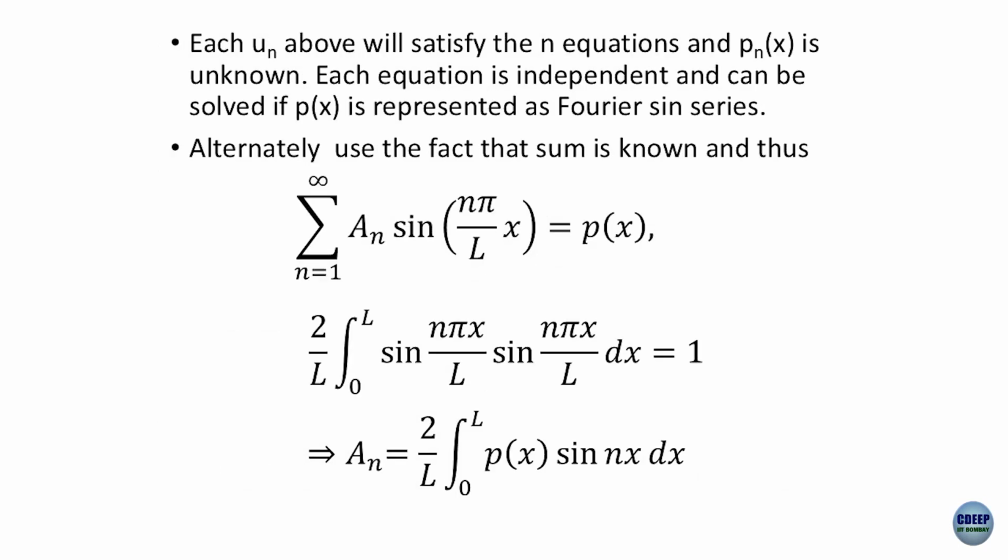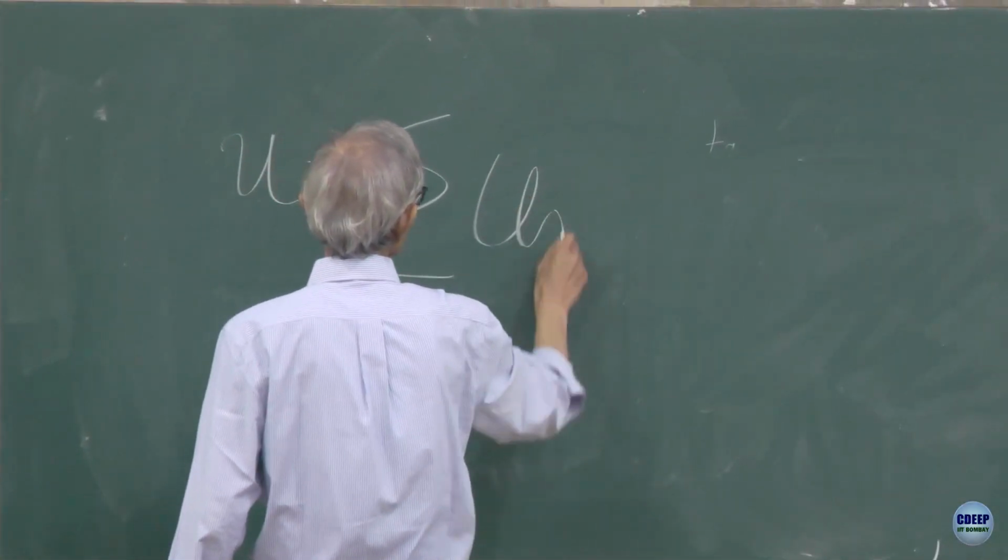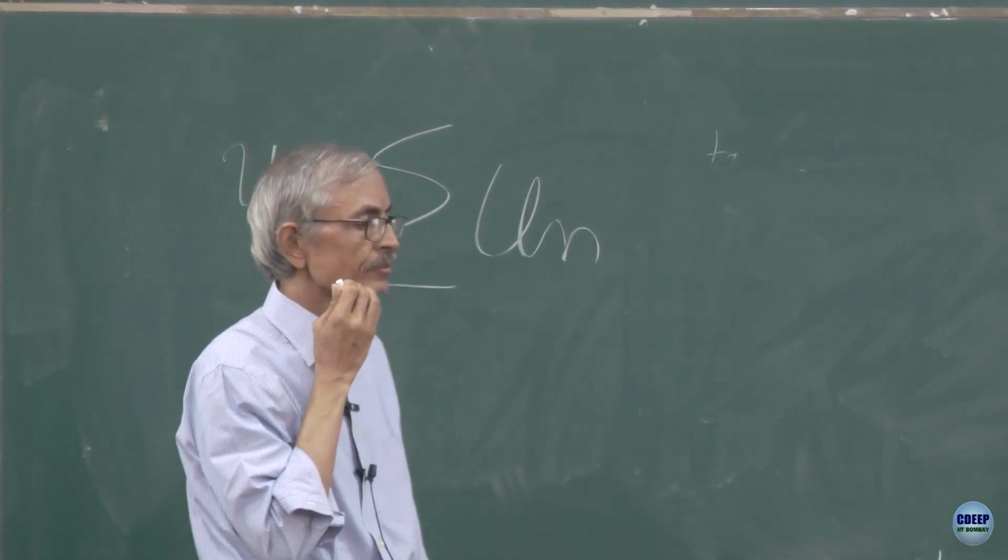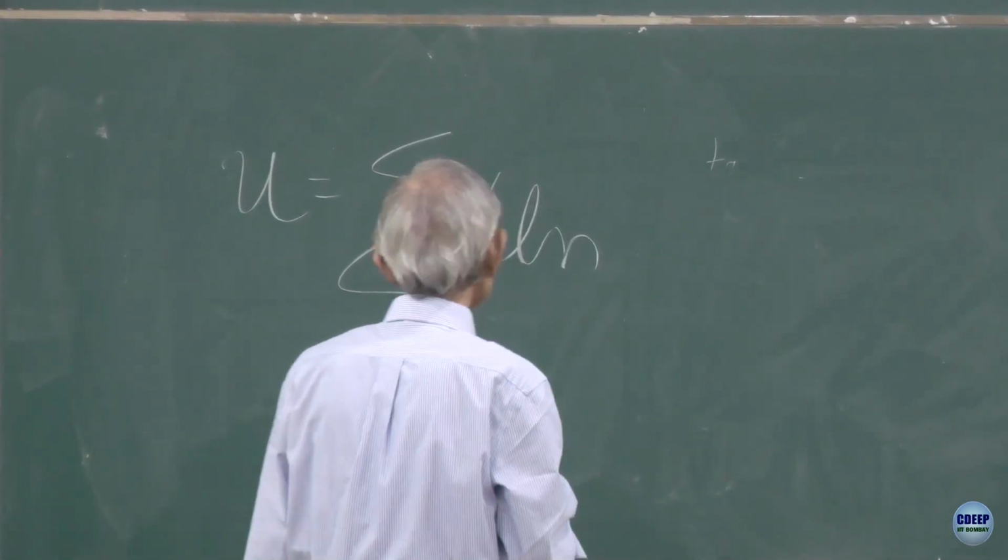Another way of looking at it would be to say that, all right, I have gotten my solution, and we have hypothesized that U is going to be equal to the summation of a large number of these UNs.